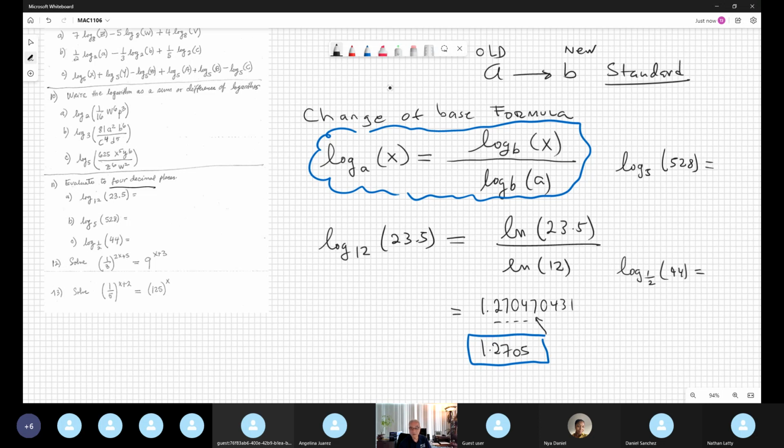And now a surprise, because something weird happens when the base is less than 1. Let me try: ln or log, it doesn't matter, of 528, close the parenthesis, division, ln or log of 5. Either way, but you must use the same in the numerator and the denominator. I get the answer.